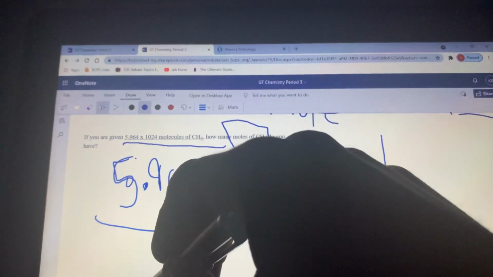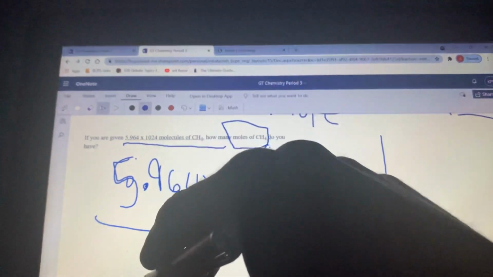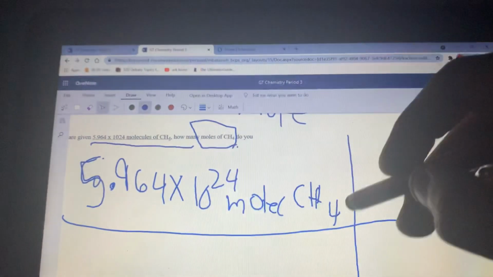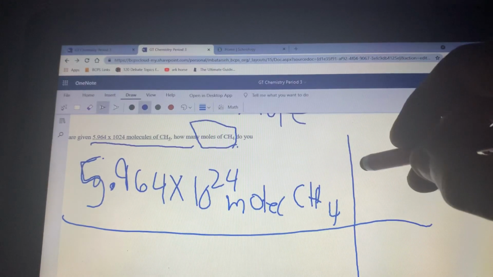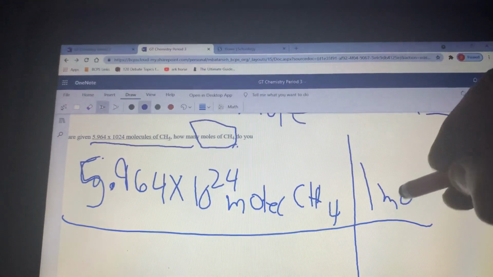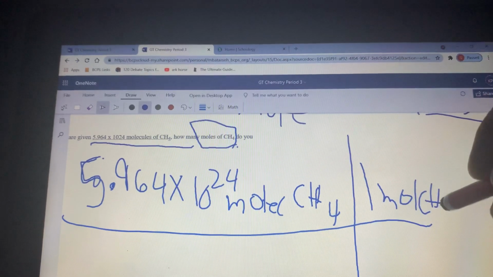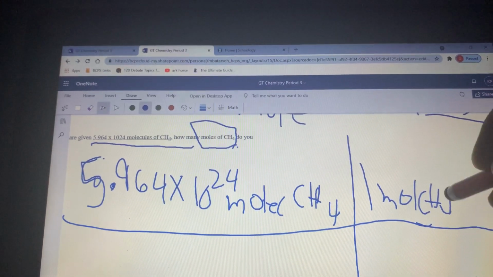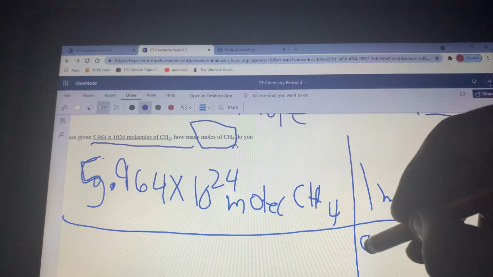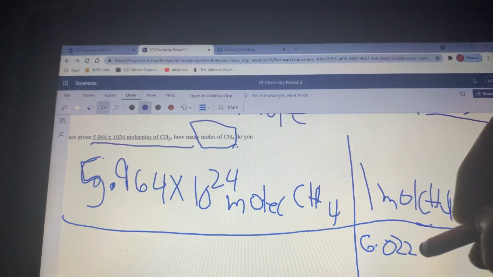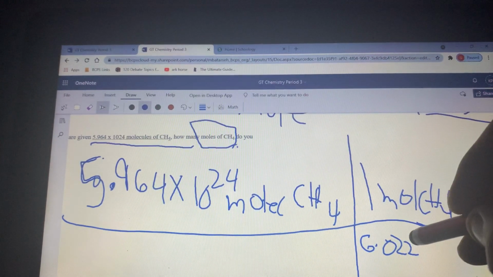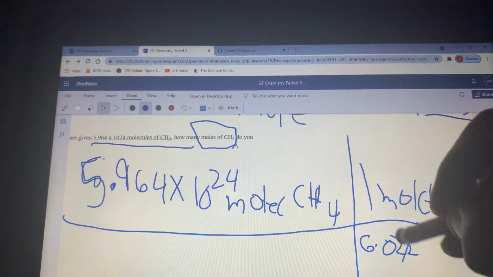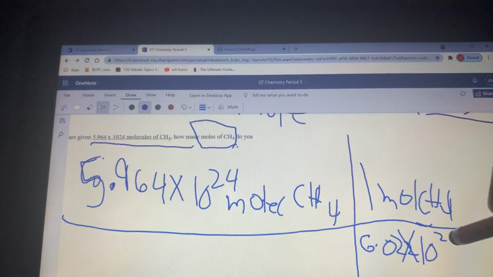So we go over a little bit, and we do times 1 mole of CH4, which is just the same as 6.02 times 10 to the 23rd.